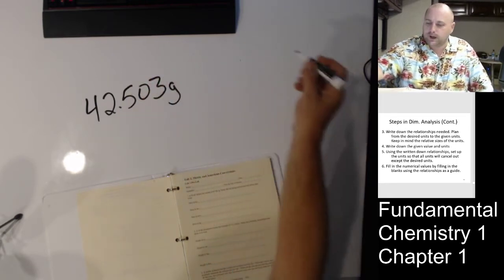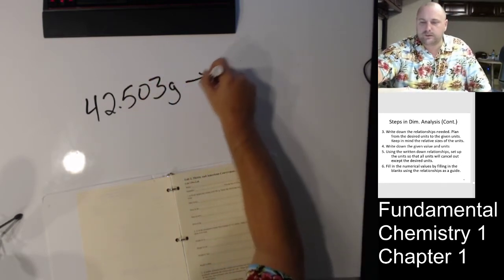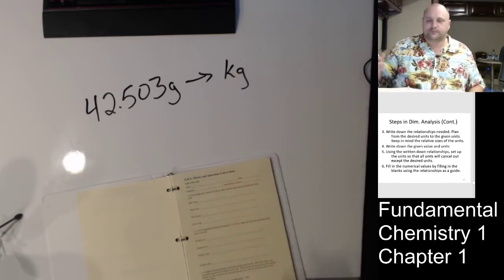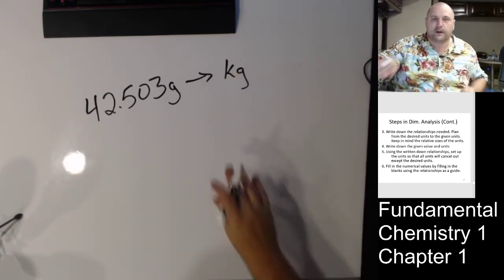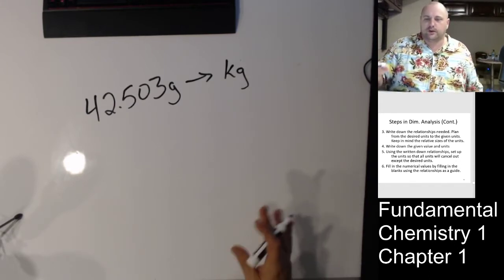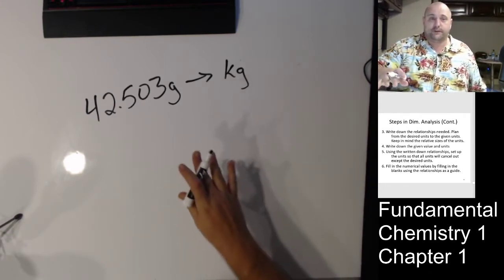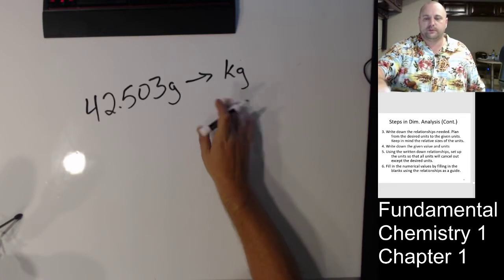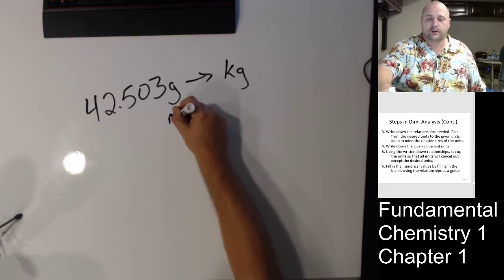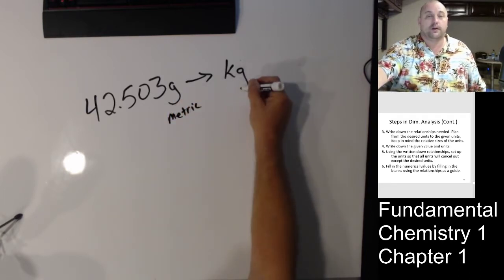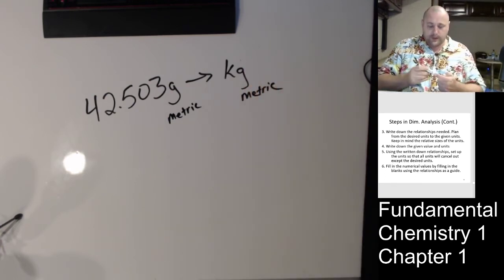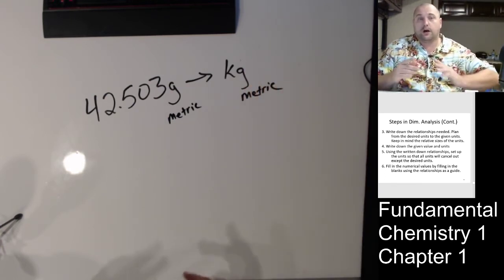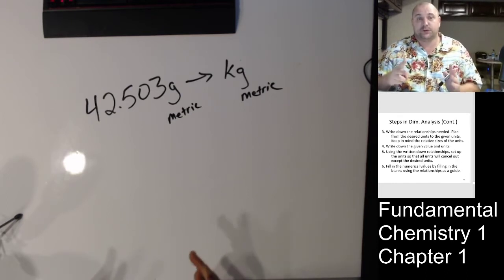42.503 grams, and they want us to go to kilograms. So we're going to start there. Nice and big so we can see what's going on. All right, so first step, identify what system they're in. This is metric. So metric to metric, there's a max of 2 steps.